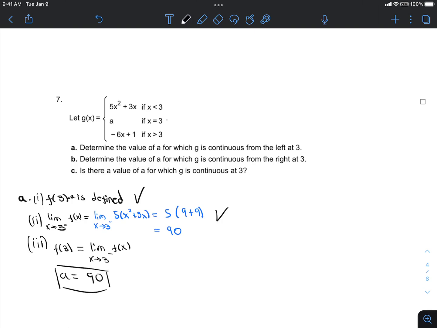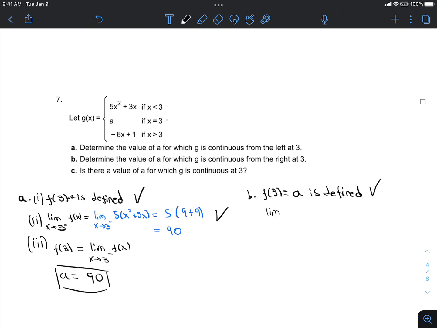So that's fine. Now for B, it's the exact same list of conditions, but now the limit is from the right. So f of 3 equals A, is defined, meaning 3 is in the domain, which it is.